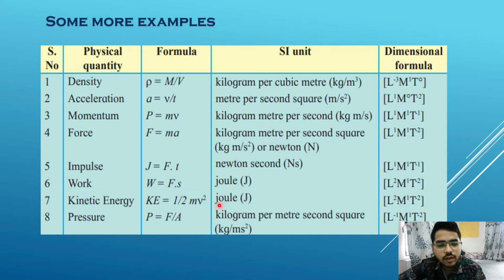That is also a type of work done, so it is measured in joule, and the dimensional formula for kinetic energy is the same as for work, that is L2 M1 T raised to minus 2. And pressure is given by P is equal to F by A, that is force per unit area, and we can write it as Newton per meter square, or kg per meter second square, and it is denoted in dimensional formula as L raised to minus 1, M raised to 1, T raised to minus 2.